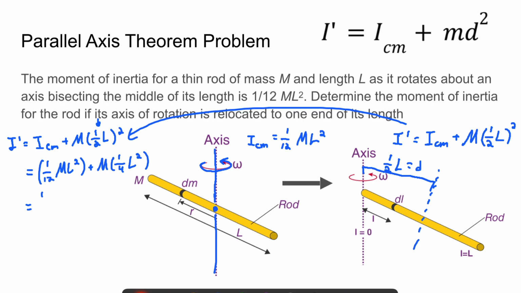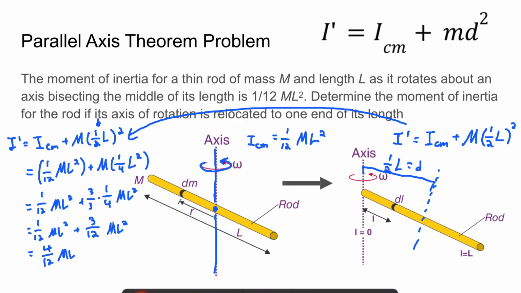Then if we add these two, we get 1/12 m L squared plus, we need to put this into twelfths, so we take 3/3, which is 1, and multiply that times our term over here, 1/4 m L squared. From that, we get 1/12 m L squared plus 3/12 m L squared. 1 plus 3 is 4, or 4/12 m L squared. If we simplify that down, we end up with 1/3 m L squared as our new moment of inertia.